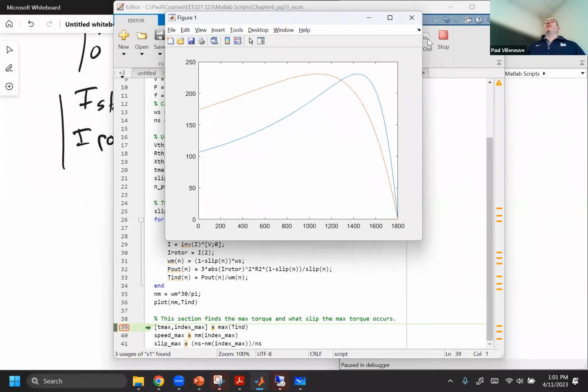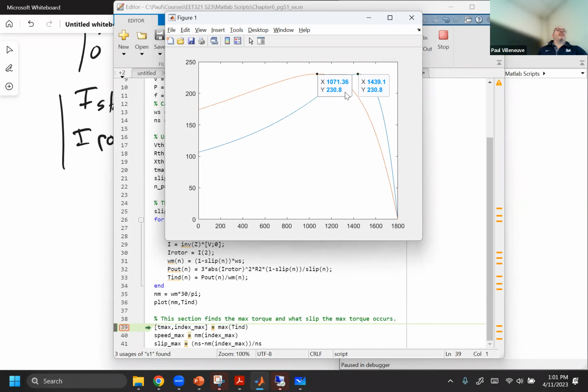Remember, when we increase the rotor resistance, you're increasing the slip at which max pullout torque occurs. The pullout torque, it's hard to see, but it was 230.8.